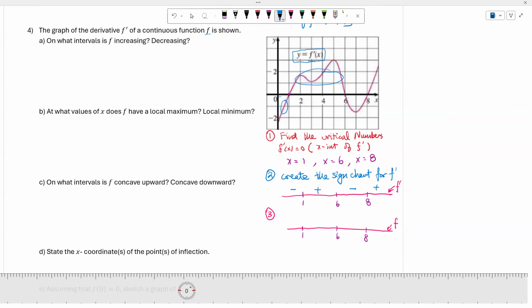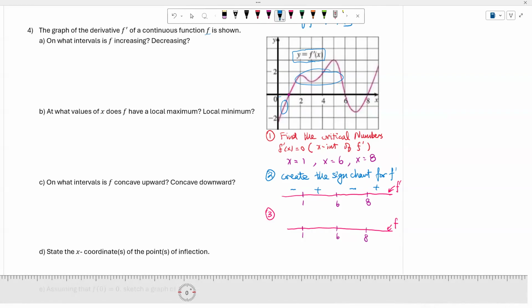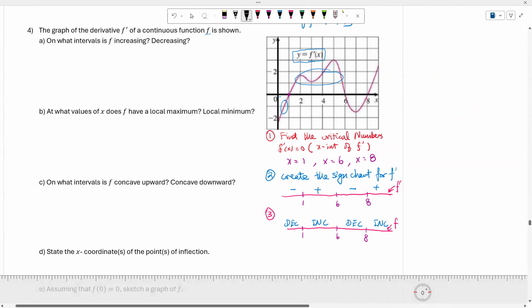Negative f prime means f is decreasing, and positive f prime means increasing. So we have decreasing, increasing, decreasing, and increasing. Of course, from decreasing to increasing, we know this is a minimum, and from increasing to decreasing, a maximum.